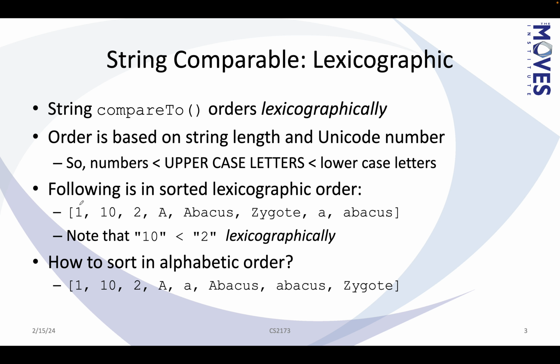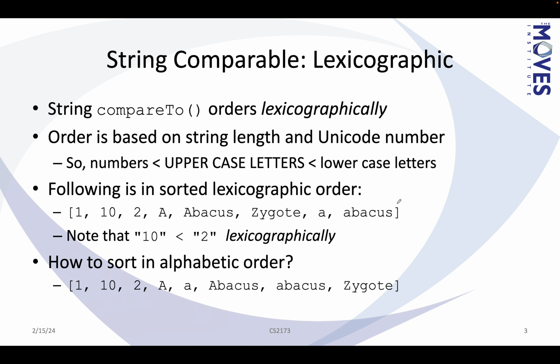And then the other thing is that numbers are treated as strings, so the lexicographic ordering of a string representation of a number is a little bit different. Here, notice: A, abacus, zygote, all there, and then small a and small abacus.